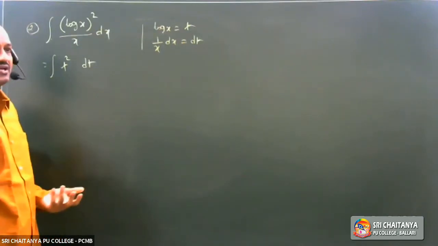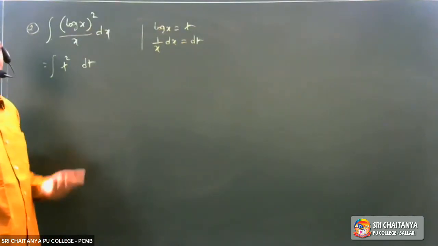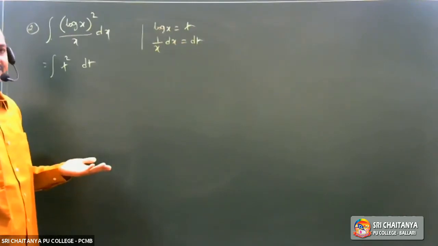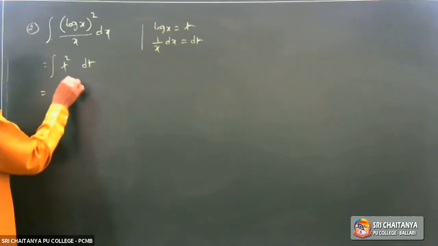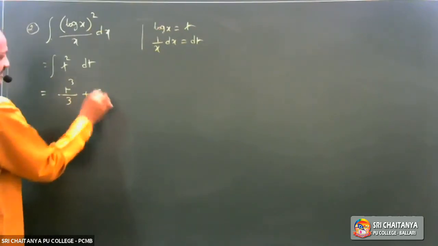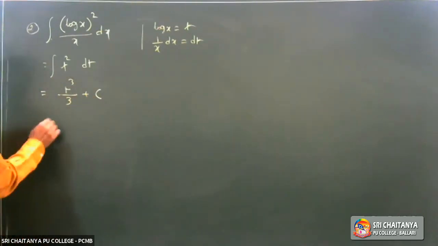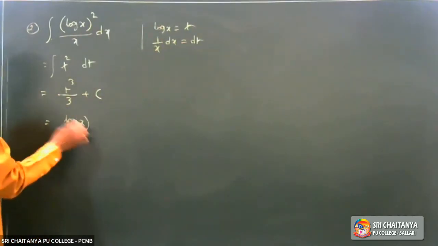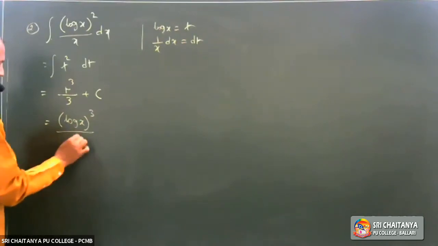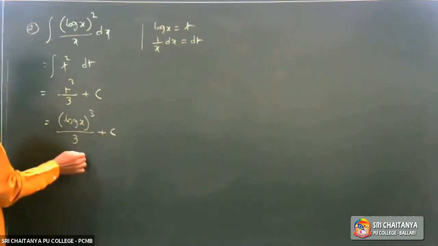Integral of x square is x power 2 plus 1 by 2 plus 1, that is x cube by 3. Here the integral of t square dt is t power 3 by 3 plus c. What about t? It is log x. So it is log x whole cube divided by 3 plus c.